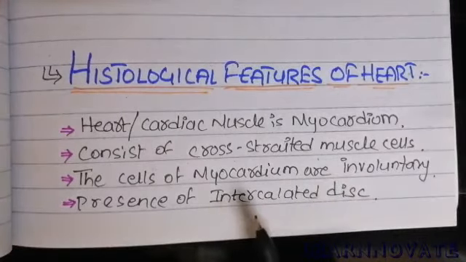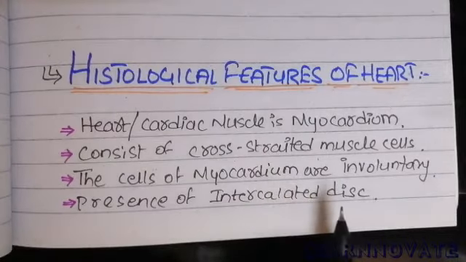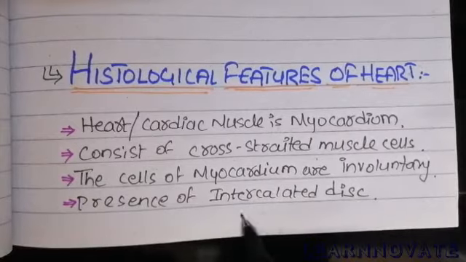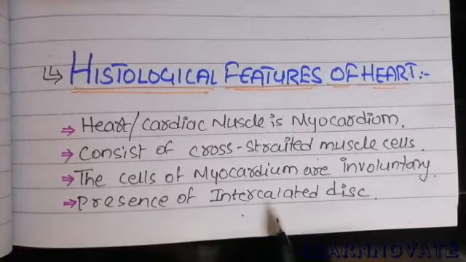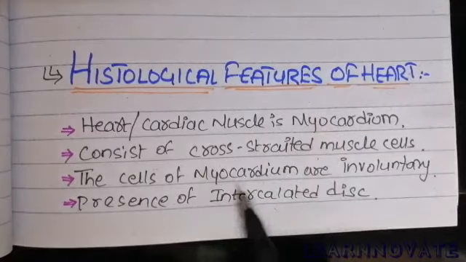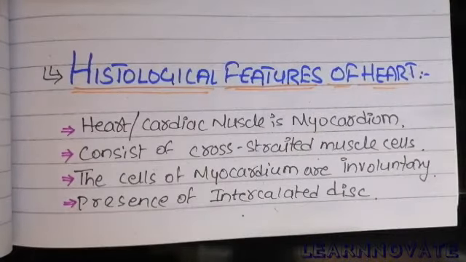Then there is a complete presence of an intercalated disc between the cardiac muscle cells. This intercalated disc is a very important and prominent feature of the cardiac muscle. So this overview of the histological features of the heart should be memorized for the complete physiology of the heart to be explained.